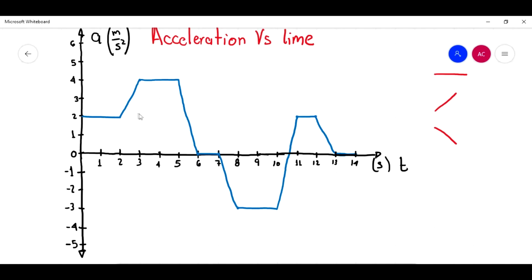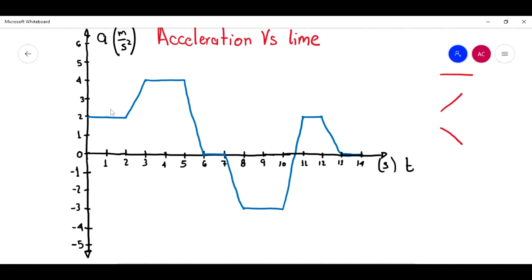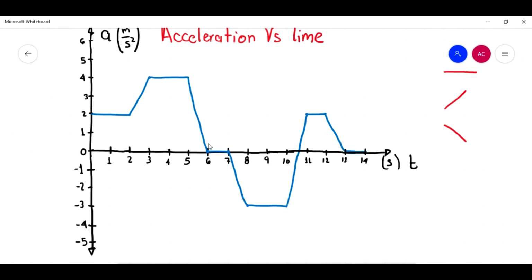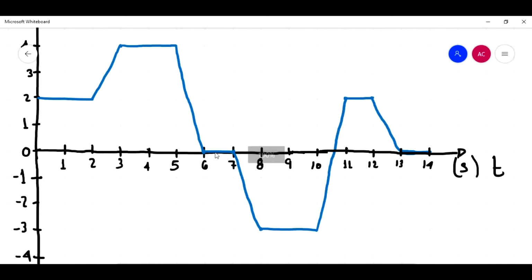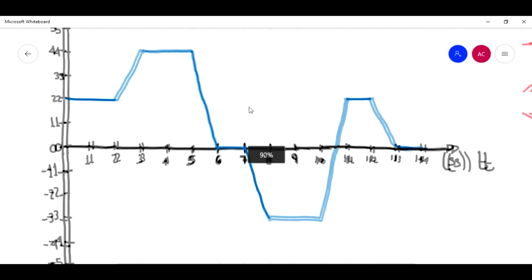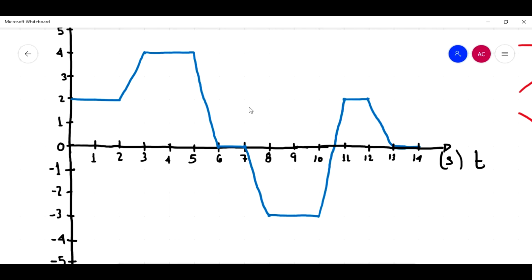You can say, okay, the car will not move in the horizontal line, also here in the horizontal line, also here. Or you can say, look, the car is not going to move here in the 6th and the 7th second because the acceleration is 0. Well, not really, it's not necessarily true.